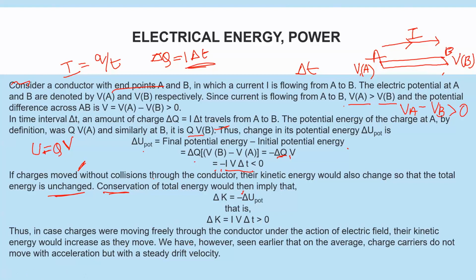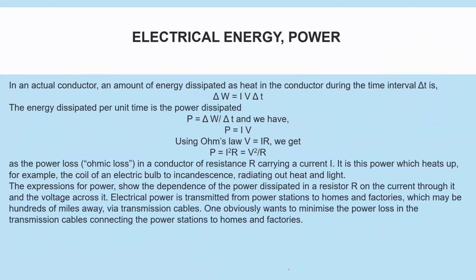Before, we had seen that charge carriers do not move with acceleration but with a steady drift velocity. We had learnt about the drift velocity of the charges under the action of the electric field, where the current is flowing. Since we are saying that there is a steady current, the kinetic energy would increase as they are moving, but there is no acceleration.